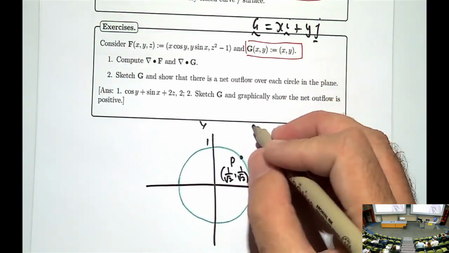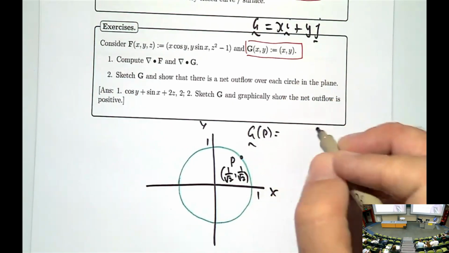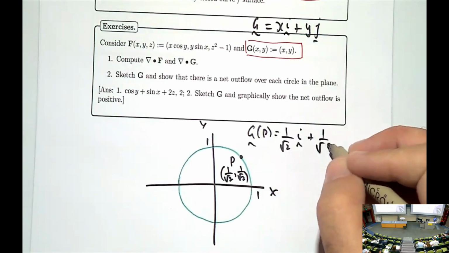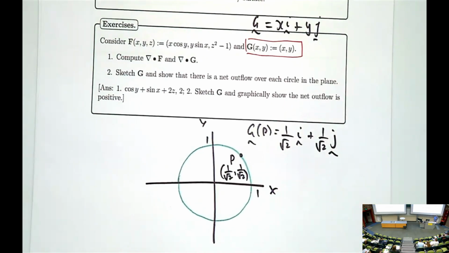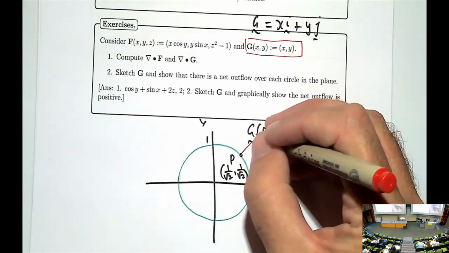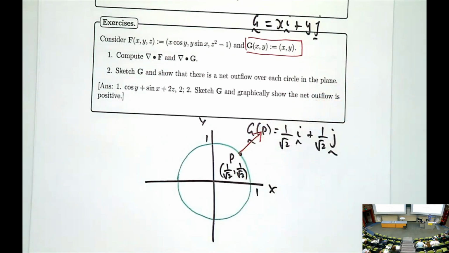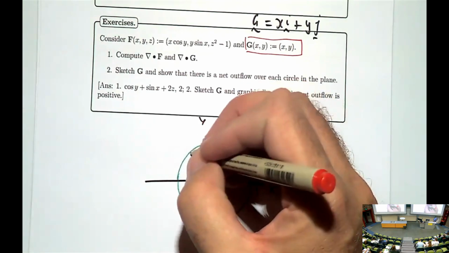That vector there is going to be something like this. What is the vector going to look like? It's going to be pointing that way. What happens if I go over here?